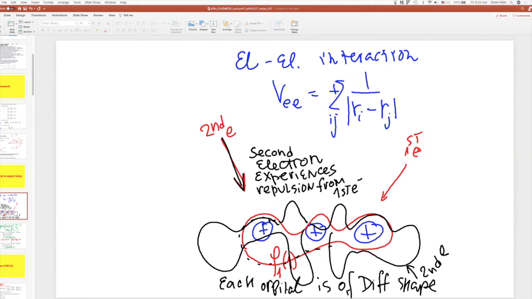Like the electron-electron interaction, or the potential between electrons, is the sum of 1 over the separation distances. Yes, thank you. So since occupied orbitals are occupied by electrons, it means electrons sitting on one orbital and another one repel each other.